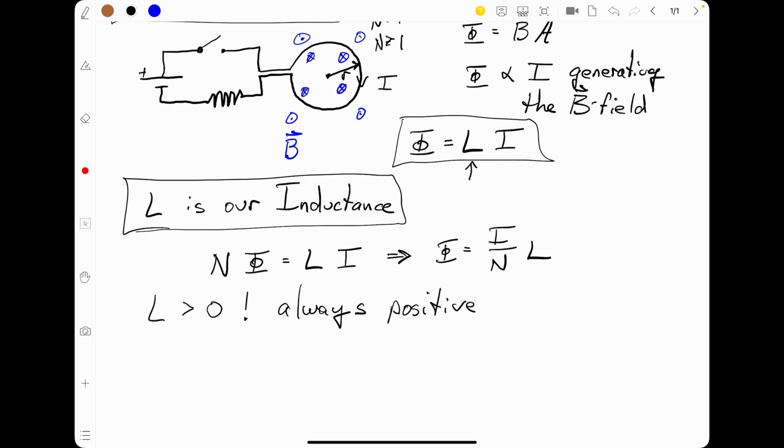Let's get into it a little bit then. Let's look at our EMF. That's equal to minus n times d phi dt, which is equal to minus n over n times L di dt.